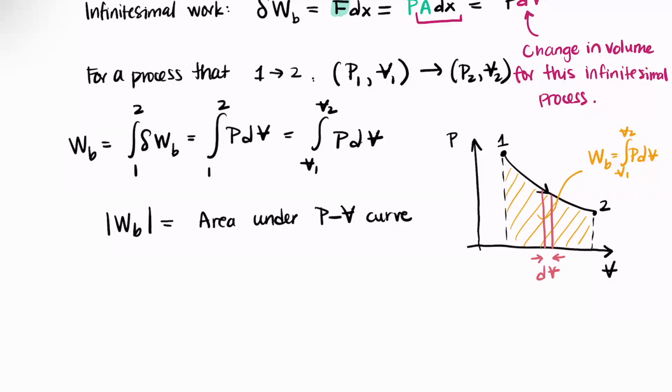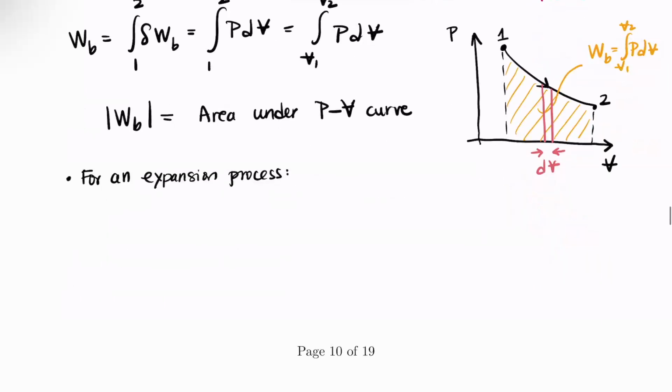For an expansion process, the change in the volume is going to be greater than 0, right? We're expanding our volume, so that means WB is also going to be greater than 0. In other words, we have work output from the system.